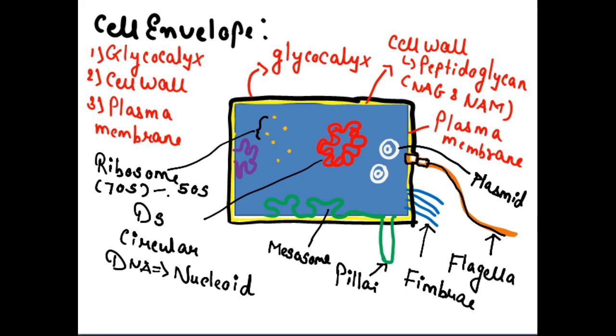And another infolding structure is called chromatophore. This chromatophore contains pigments. Mainly they are present in the cyanobacteria.